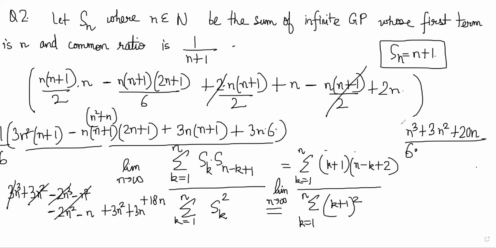I'm getting finally n cube plus 3n square plus 20n by 6 on top. I'm getting n cube plus 9n square plus 14n by 6. But then some careless mistake has happened, either with me or the other. But finally, the limit you can calculate because the denominator is also a cubic, right?